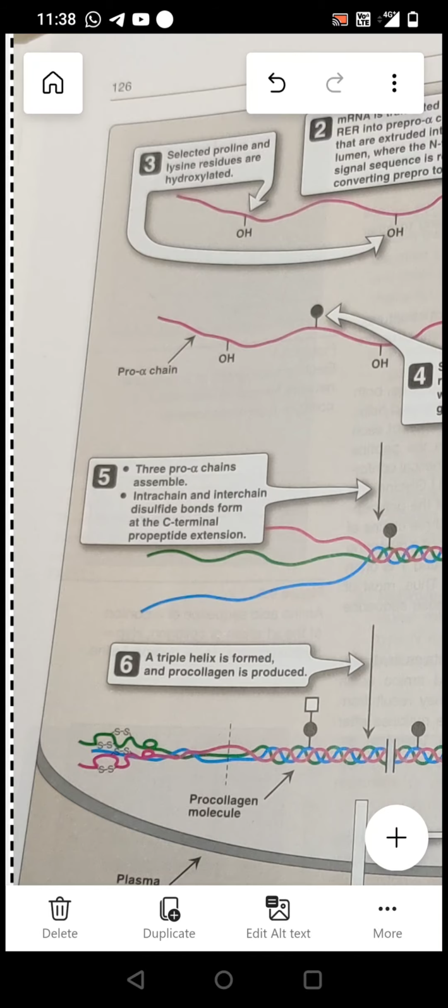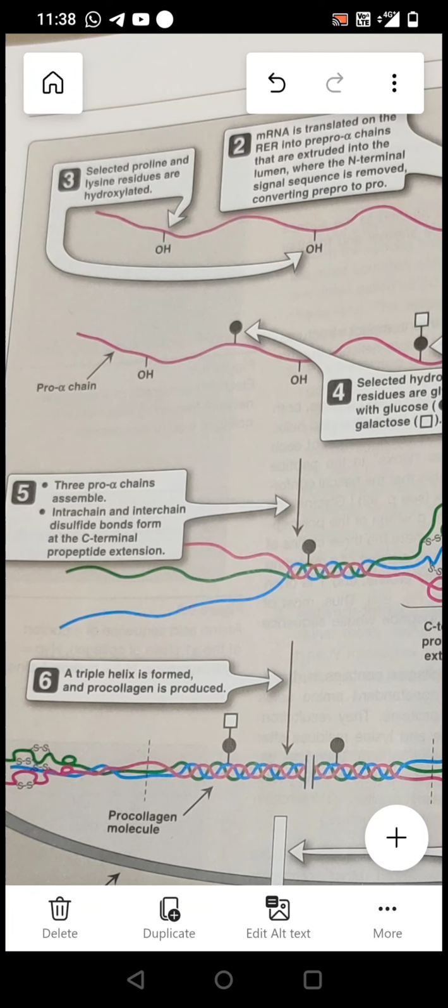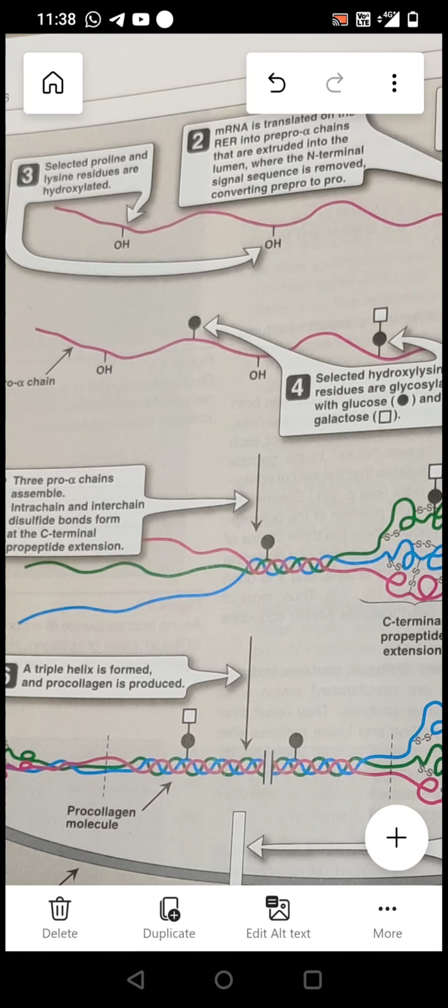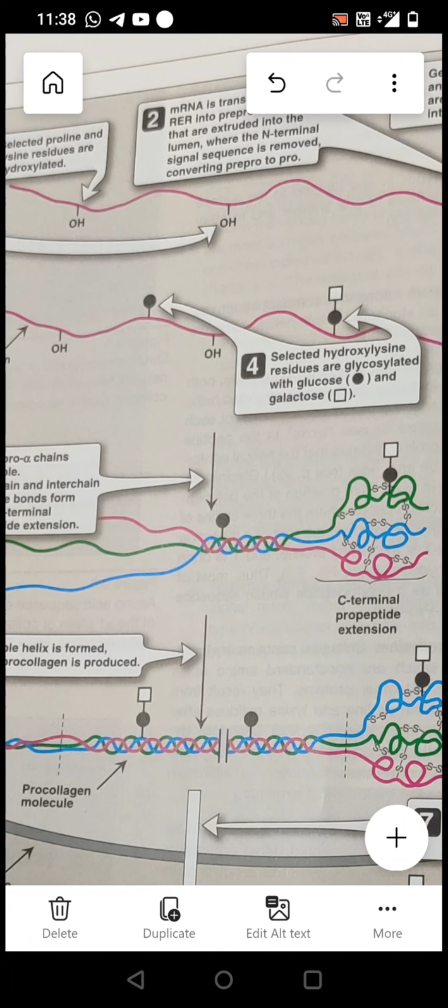The interchain bonds could be hydrogen bonds, as we said, very important, and also disulfide bonds are formed between the chains as well as within chains, like how you have intra and inter disulfide bonds in immunoglobulin. Remember that in 12th standard, same way.